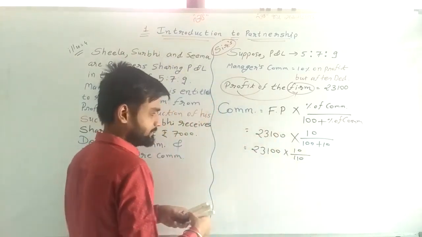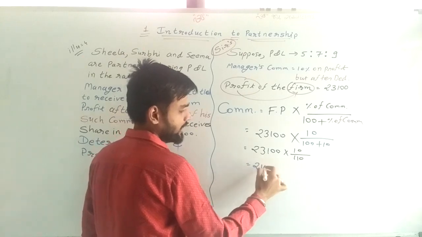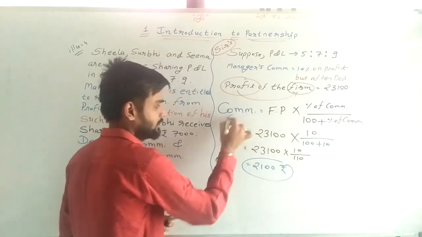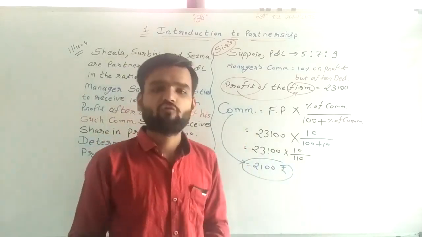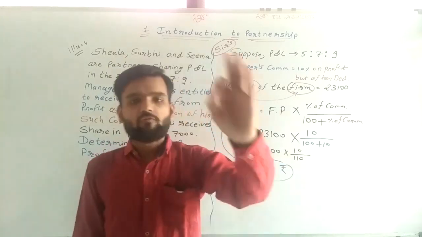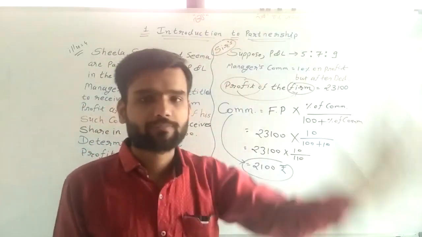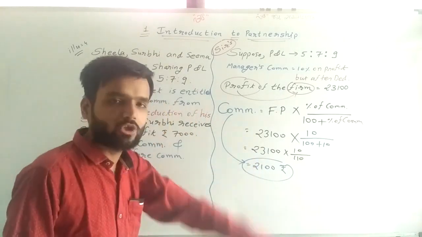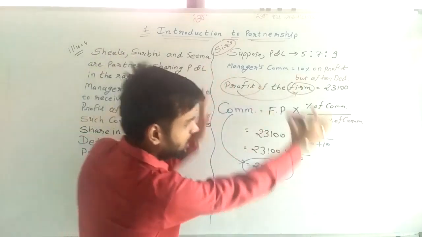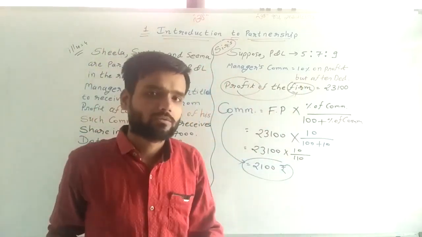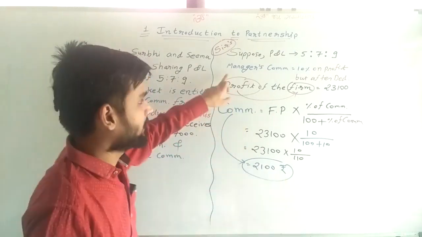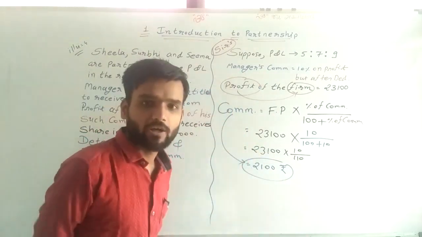The answer is 2,100 rupees. It is the amount of commission. Suppose the question is to find the commission of the manager, then 2,100 rupees is the commission of the manager. Calculation completed, sum completed.